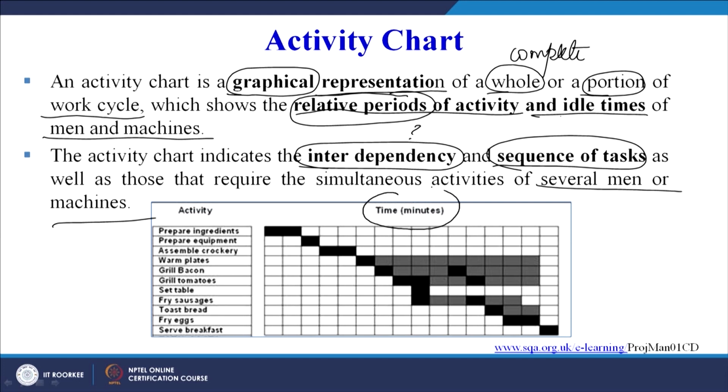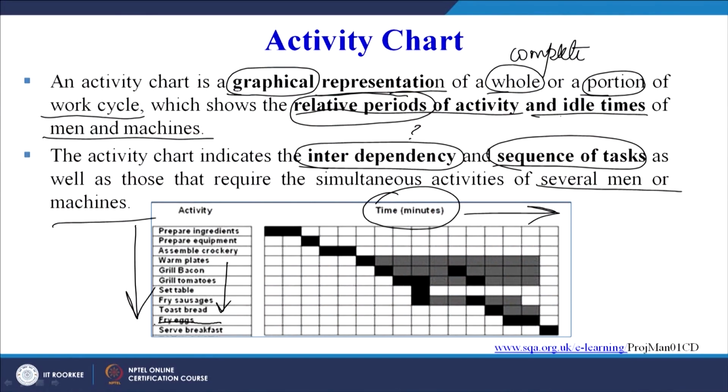You have time in this scale and you have activities on this side. So it is not that one man is doing these activities, it can be several number of men who are doing this activity. So this is what is the activity, I will just read it for you. Prepare ingredients, prepare equipment, assemble crockery, warm plates, grill bacon, grill tomatoes, set table, fry sausages, toast bread, fry eggs, serve breakfast.